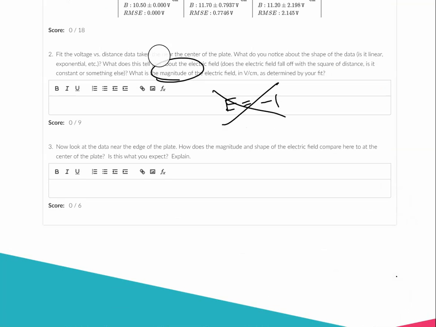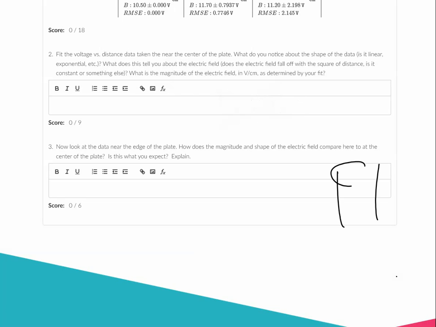You don't answer the question you were asked to answer. And your data tell you that close to the edges in this region, electric field has a slightly smaller magnitude, less than center, edge, center.